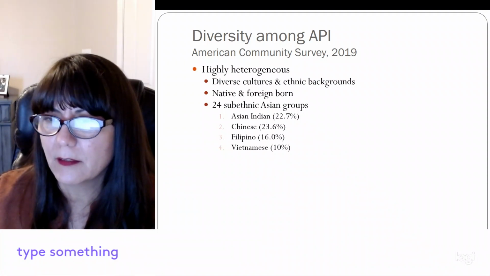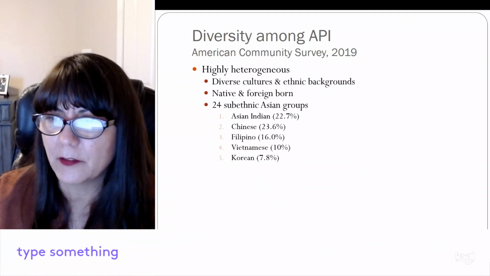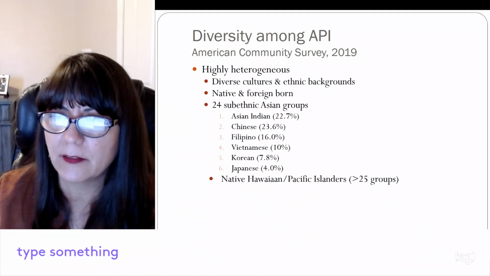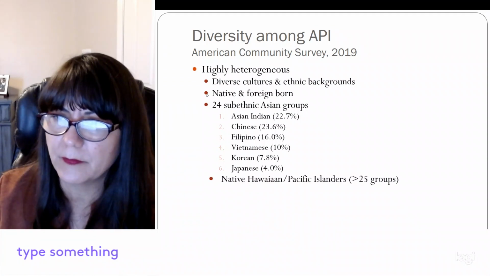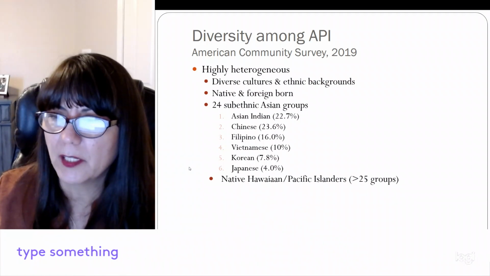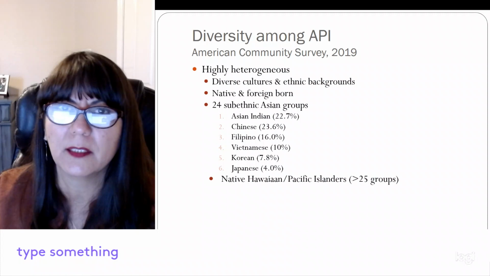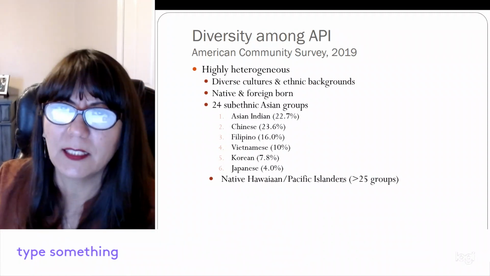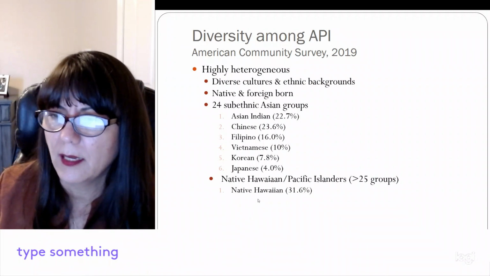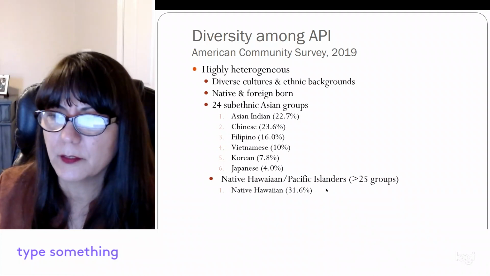Filipinos are third, and then Vietnamese, and then Korean. Japanese are the smallest of the Asian subgroups. Among the Pacific Islanders, there's somewhat in excess of 25 groups. Native Hawaiians are the largest.